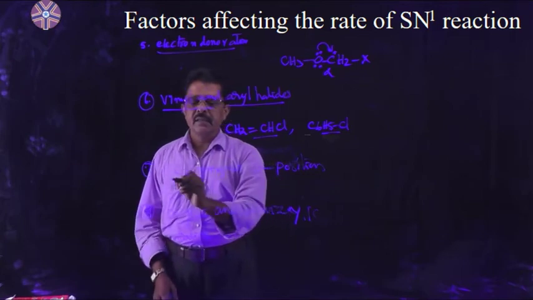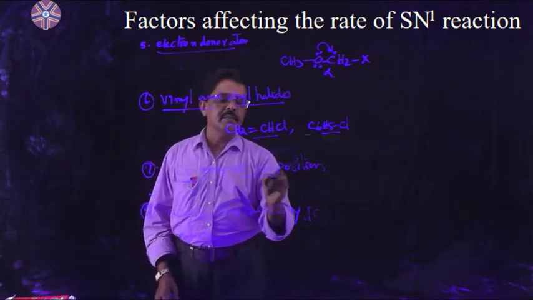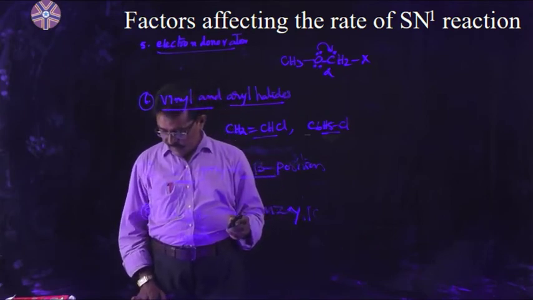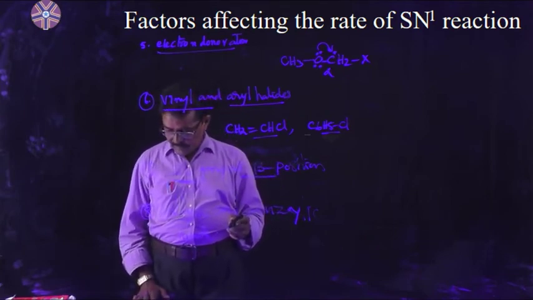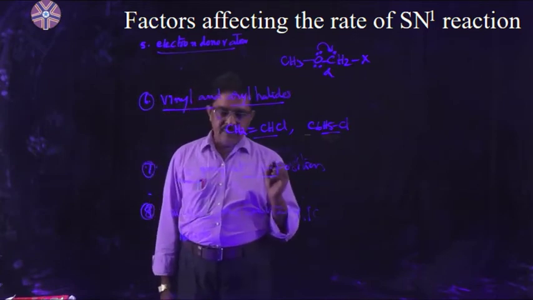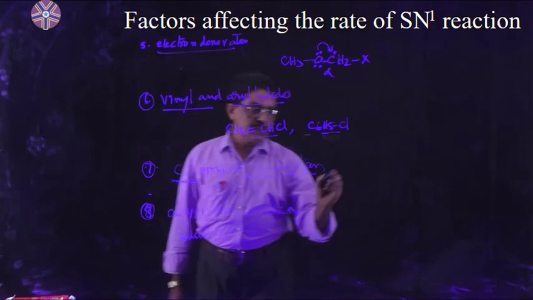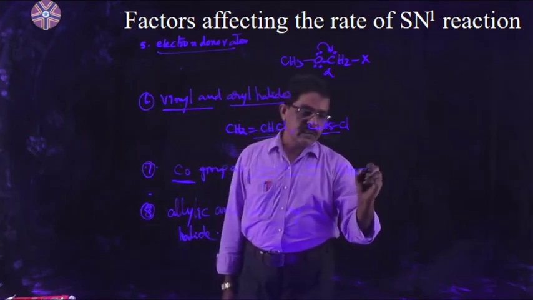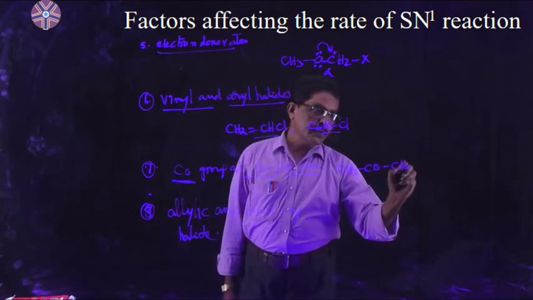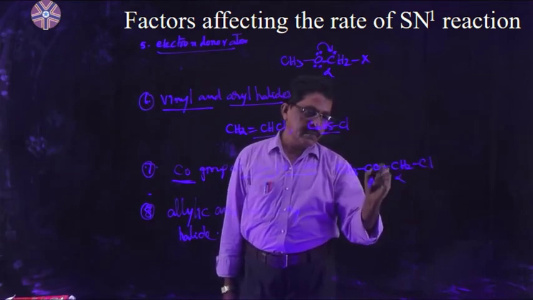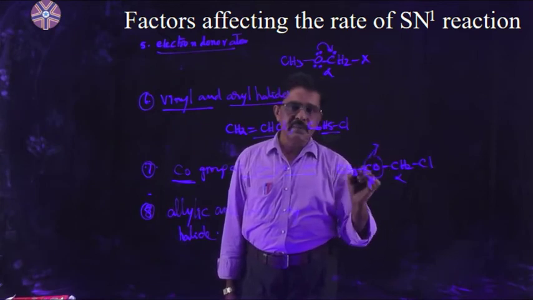Then if a CO group is present at the beta position, it does not give the SN1 reaction. Suppose I take CH3COCH2Cl. Here this is the alpha carbon, and this is the beta carbon. The beta carbon has the CO group, which is said to be a carbonyl group.